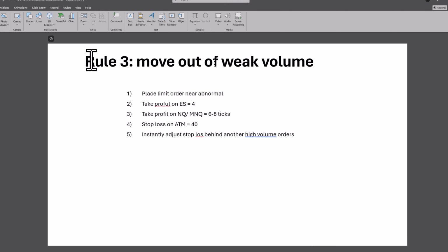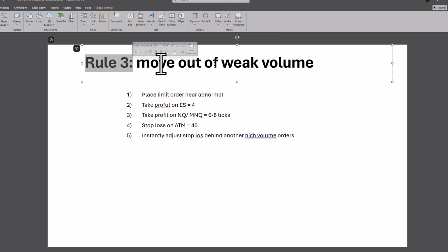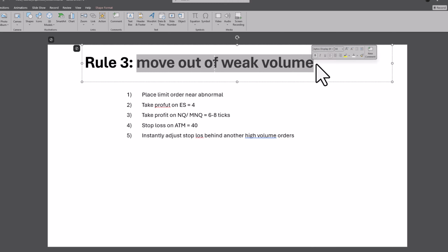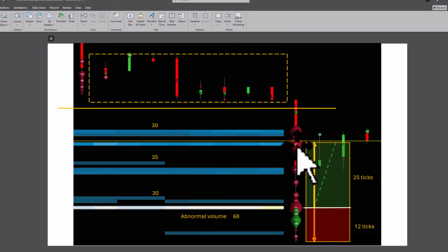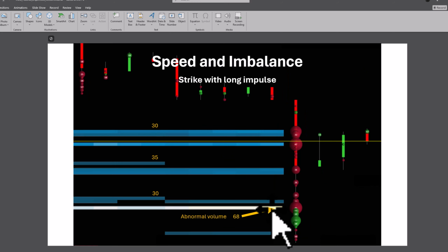For example, this is another rule, and I've recorded that as well on video. When you see that the price is moving from above, down, toward your long order that you placed along with somebody on level 2, and it's an abnormal level, then what may happen is somebody removes it.